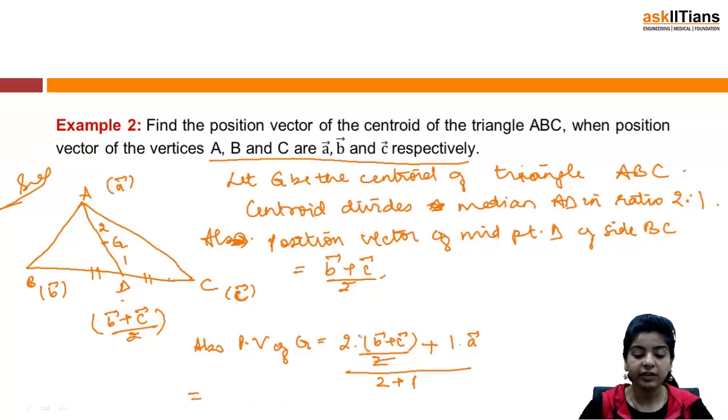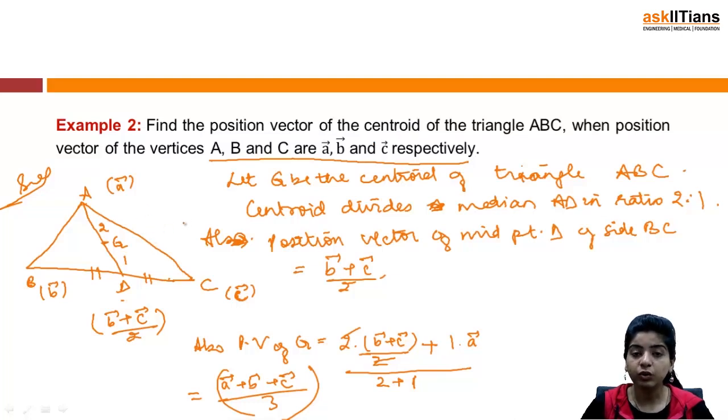The 2 gets cancelled, and I have (a plus b plus c) by 3. So we were required to find the position vector of the centroid of triangle ABC, that is G, and the concept involved was the section formula.